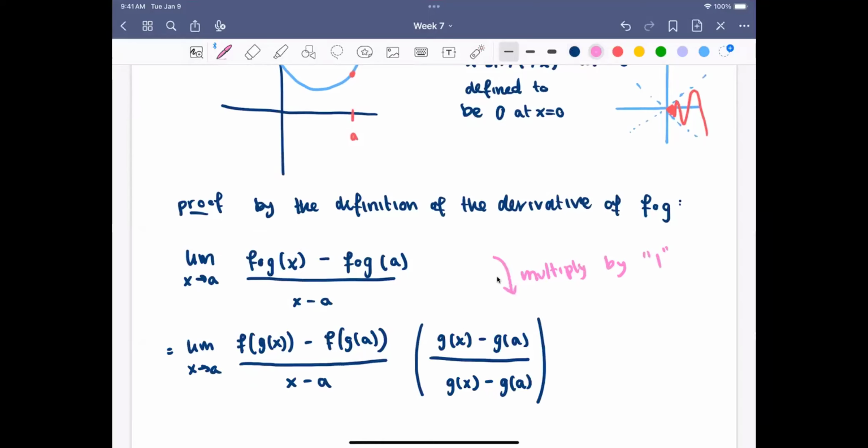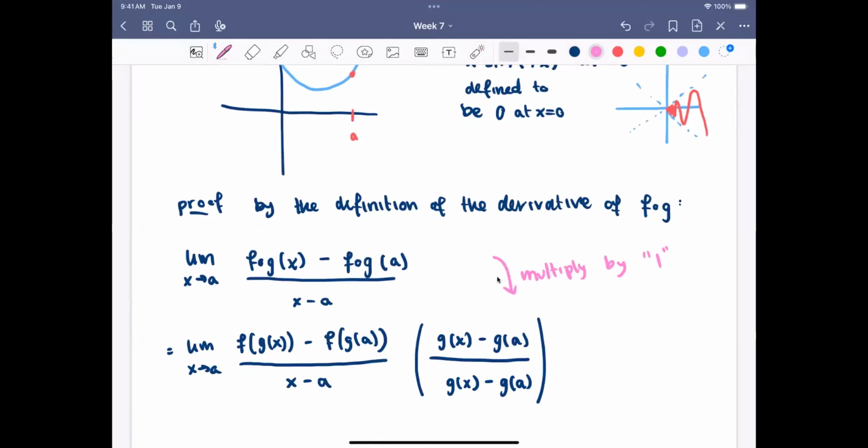It's undefined at x equals a, but by the switcheroo, we can stick that inside of a limit and it will give the same value. Now I'll start to rearrange things a little bit and we'll see f prime at g of a pop out, and we'll also see g prime at a pop out.